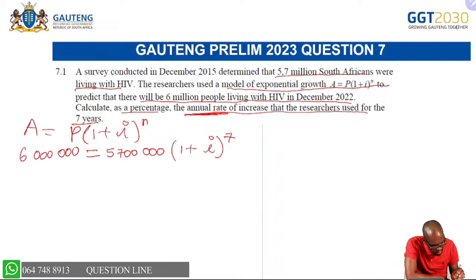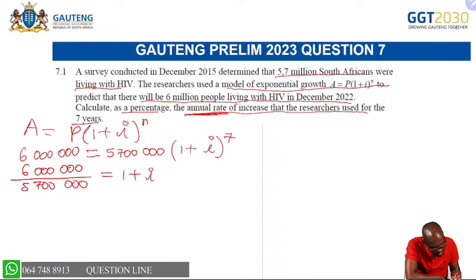So if we try to simplify this, obviously we're going to have that our 6 million divided by 5.7 million would be (1 plus i) to the exponent of 7.